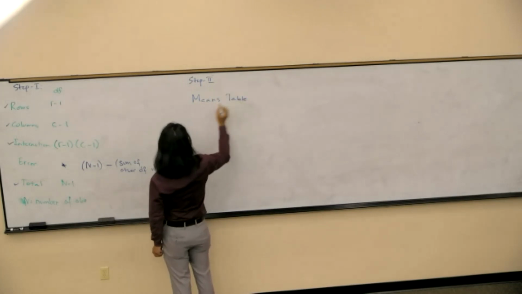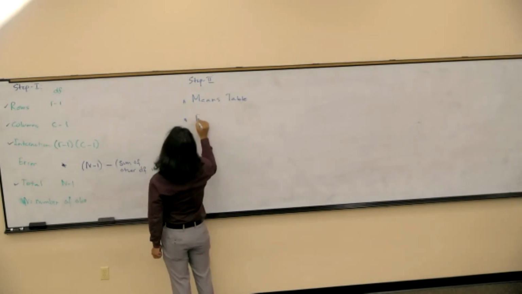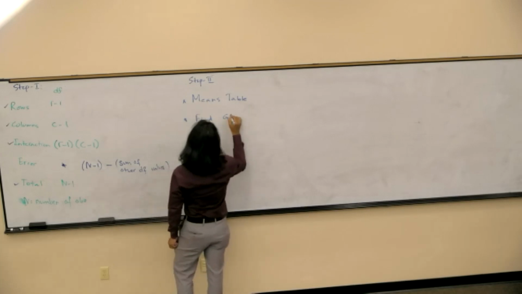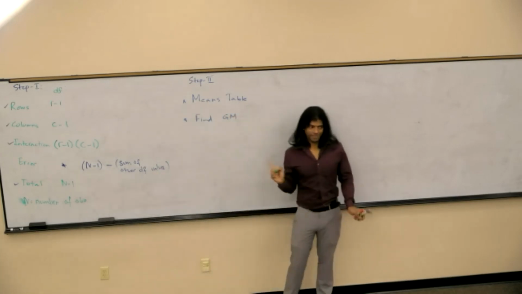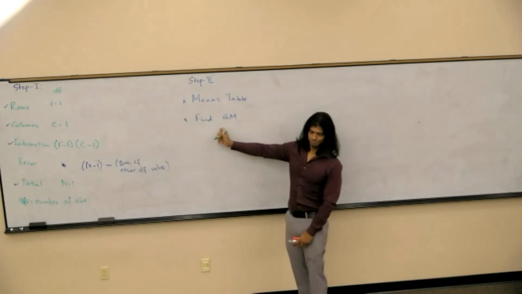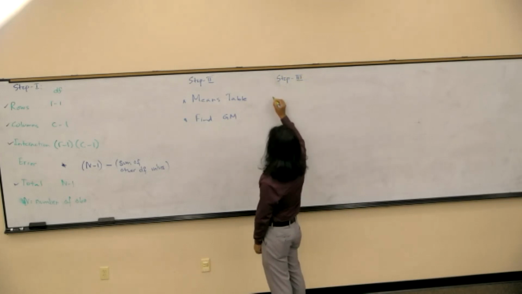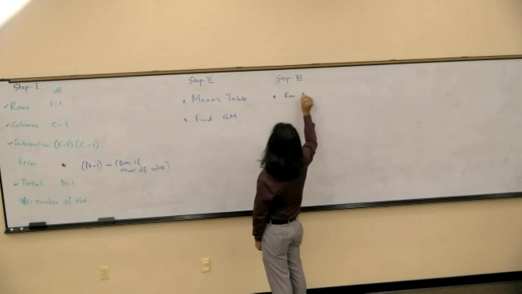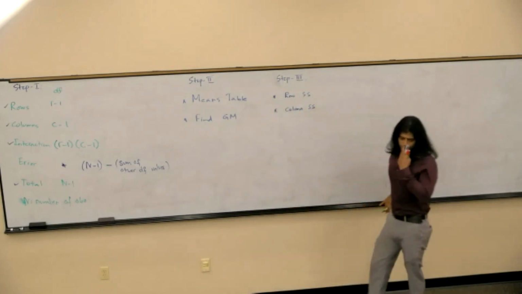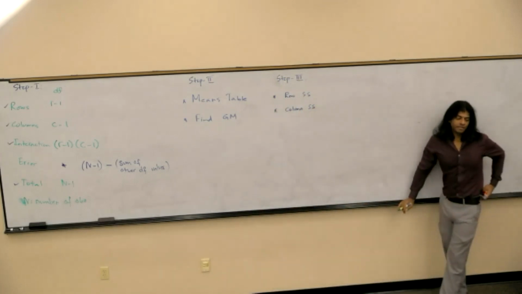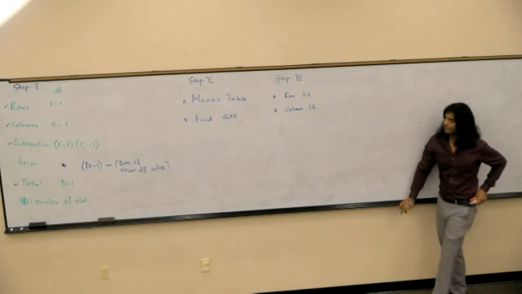Step 2. Find the mean table. Find the grand mean. Do not forget that. So row SS, column SS.